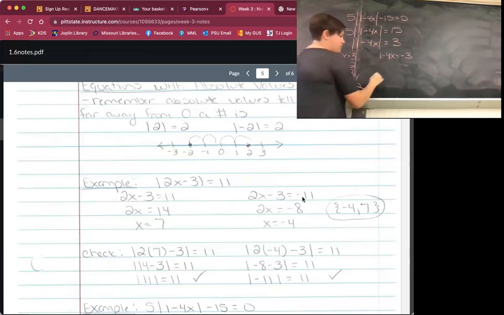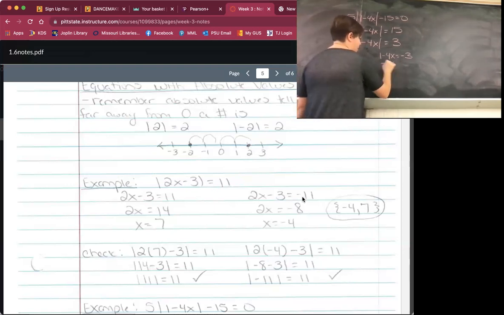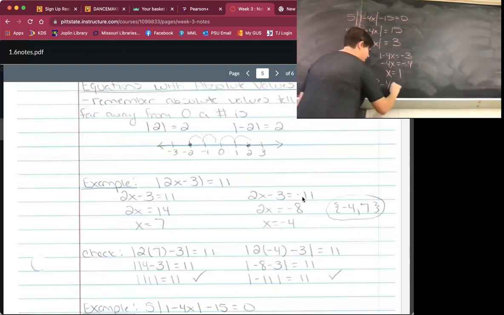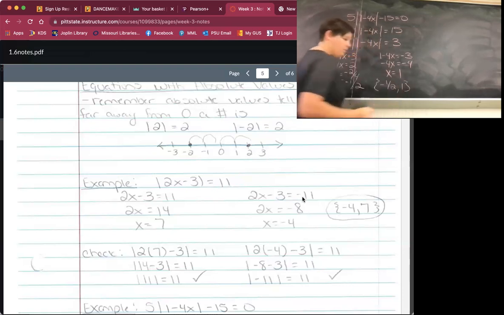Over on this right equation, I'm going to subtract my 1 over, which gives me -4. Divide both sides by -4, and I get x equals 1. So my solution set is -1/2, 1.